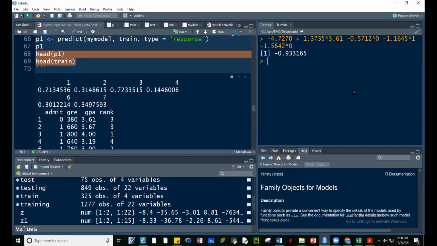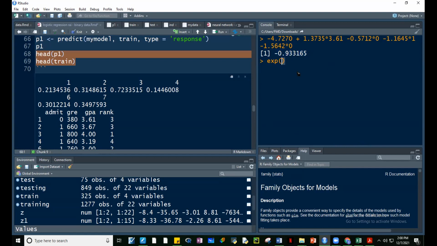Now, I don't know why I'm getting a different answer. It should be close to 213536. So E, EXP ba? Yeah, exponential din to, pareho din.